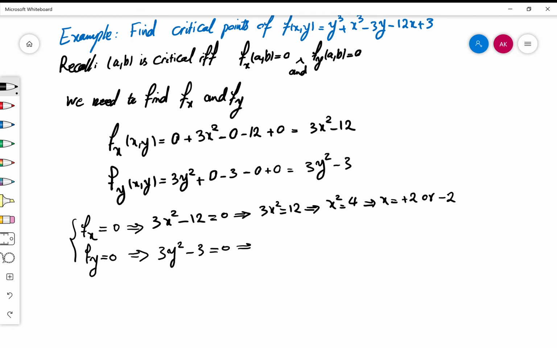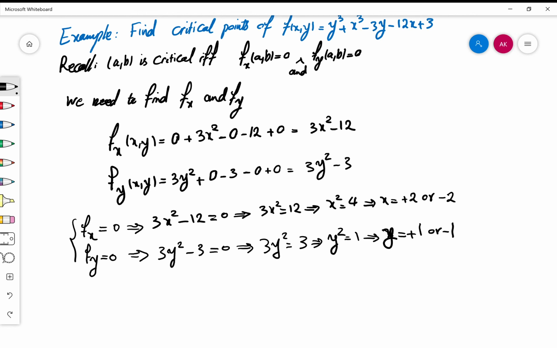How about this one? 3y squared is equal to 3, then dividing, y squared is equal to 1. That means y is either plus 1 or minus 1.